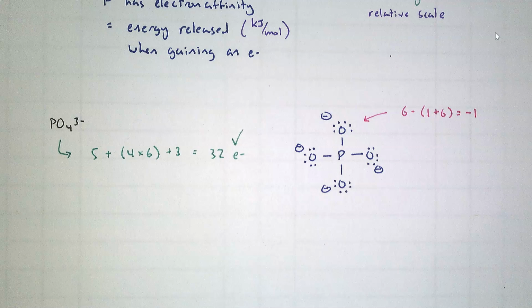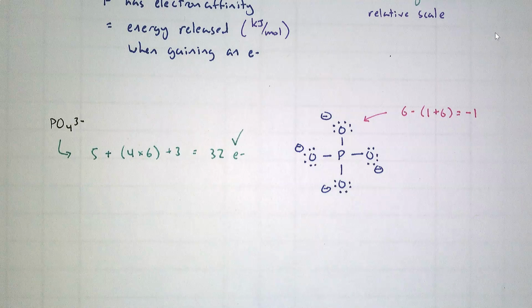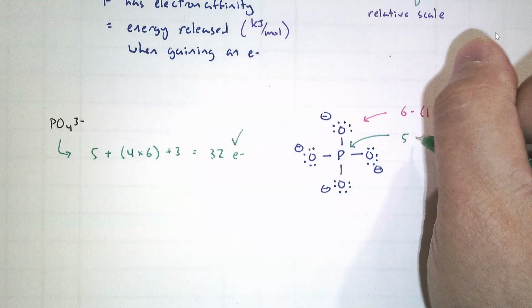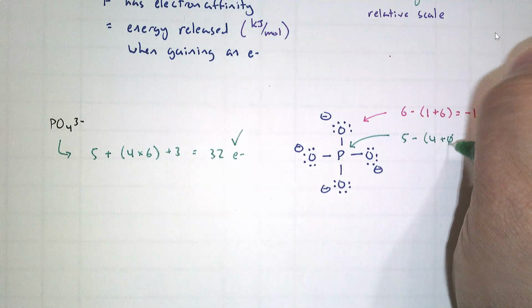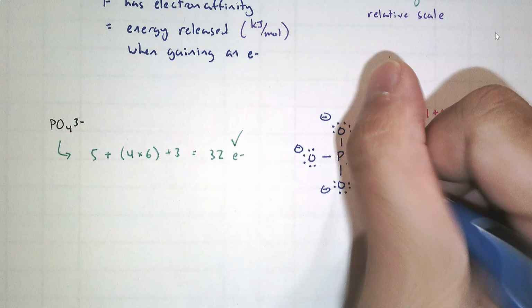Well, phosphate is 3-. There must be a plus charge somewhere, and it's this phosphorus. This phosphorus has a valence of 5 minus 4 sticks plus 0 balls, and that's +1. So your plus charge is for this phosphorus.